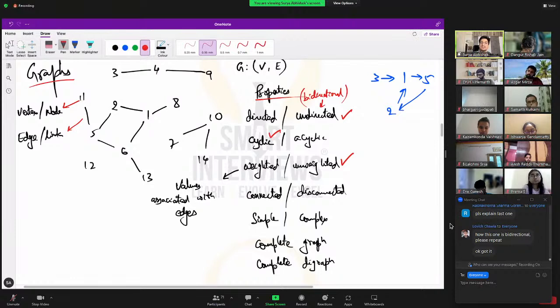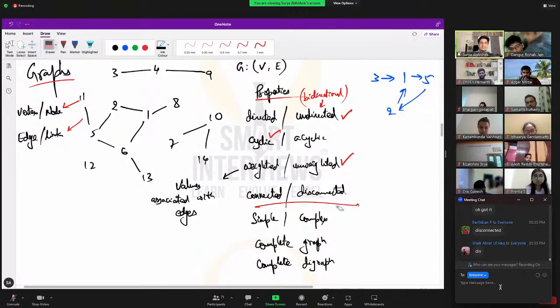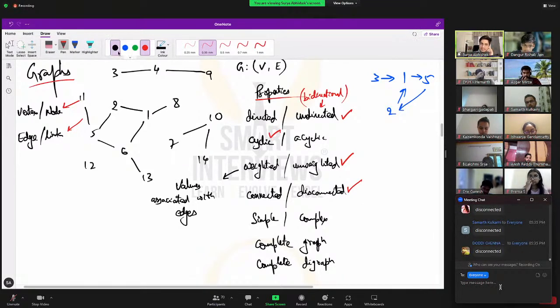Okay, next is connected or disconnected. The graph that we have here is disconnected. So basically, what is a disconnected or what is a connected graph?